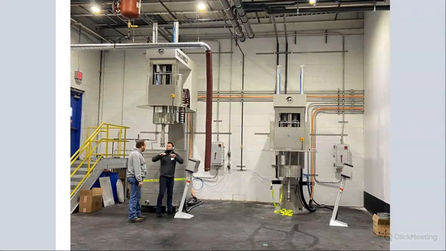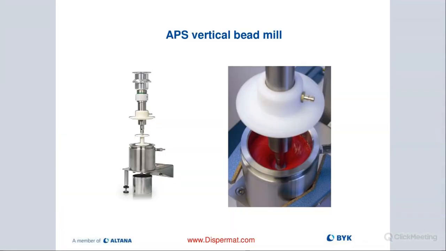So you don't have to move the container around. Everything is done in one location on one machine, in one continuous process. So that's a huge advantage for customers trying to save space in their manufacturing environment and have a very, very clean and efficient milling cycle.